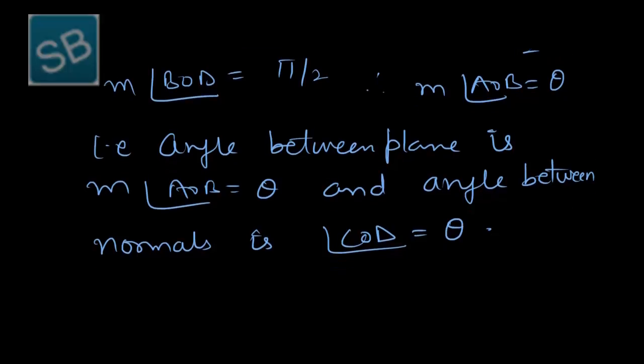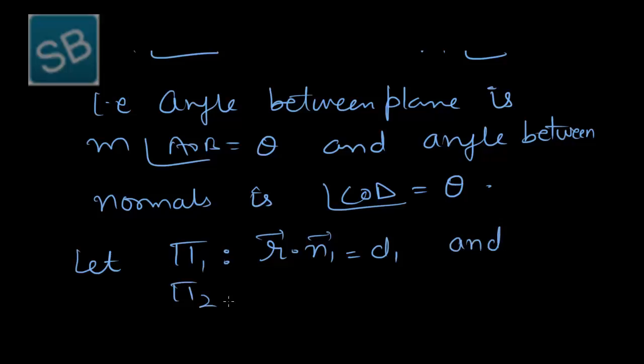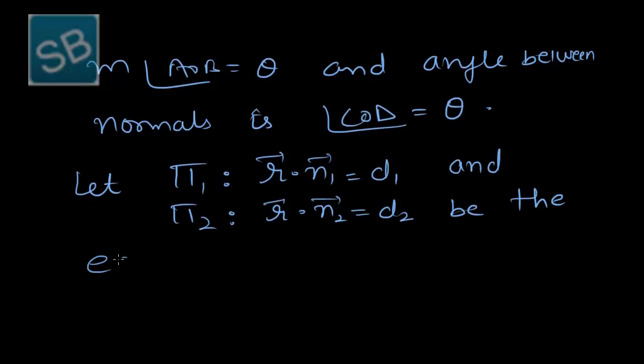So let pi 1 be the plane 1 with equation r dot n1 equal to d1, and pi 2, plane 2, r dot n2 equal to d2, be the equations of the given planes.